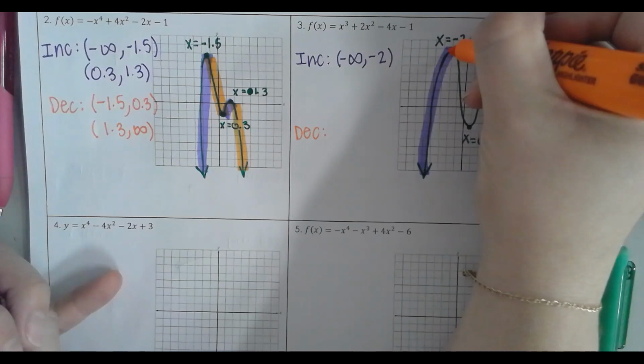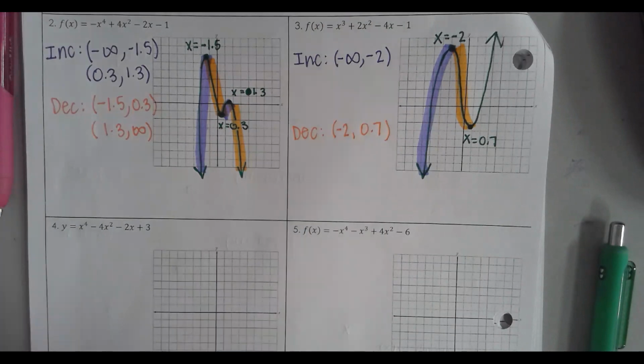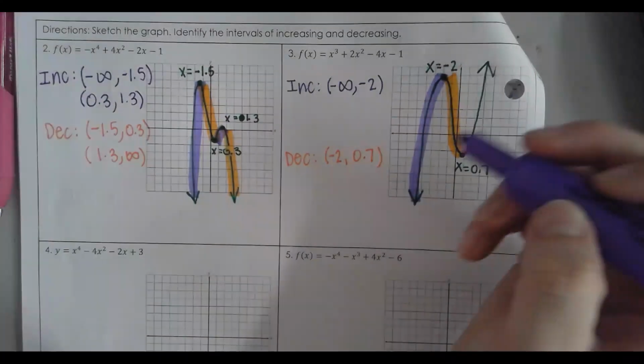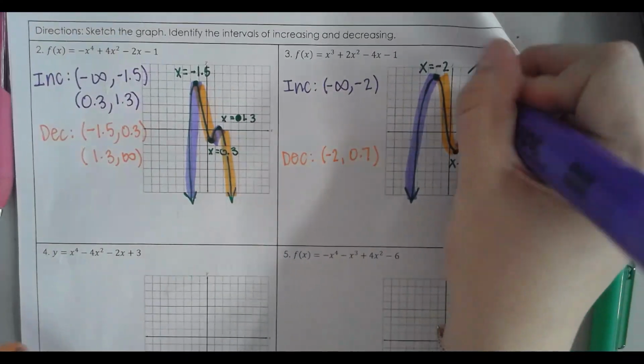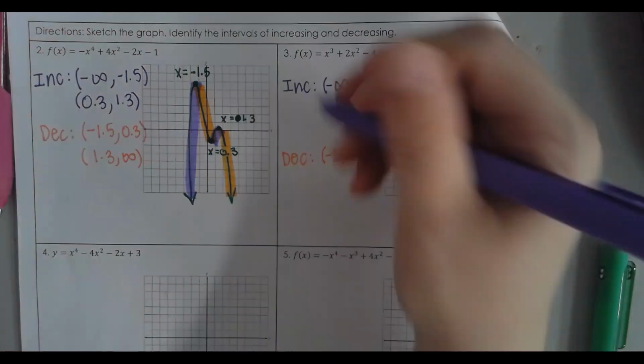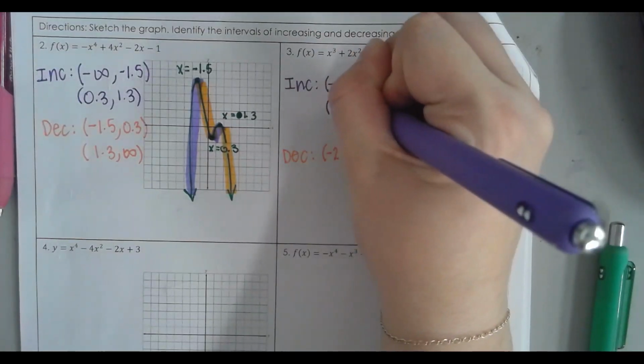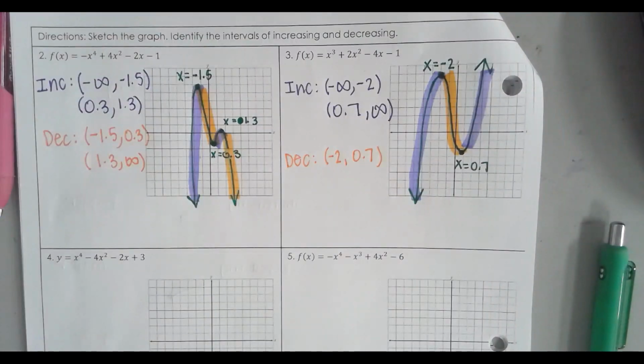Increasing to what? 0.7. And then I'm in the valley at 0.7 and I do what? Increase. So from 0.7 to infinity.